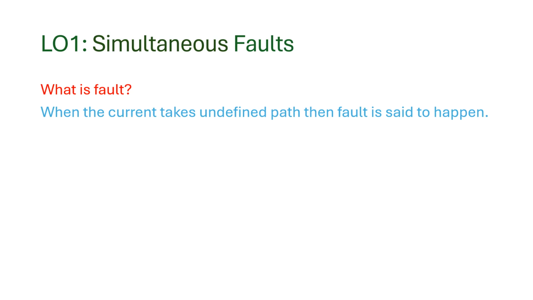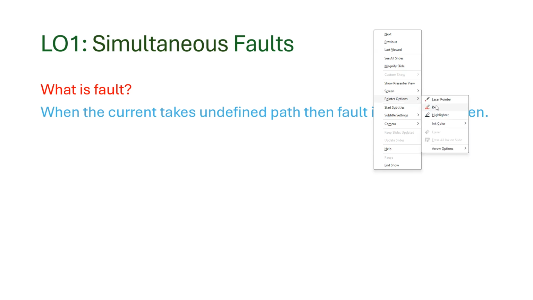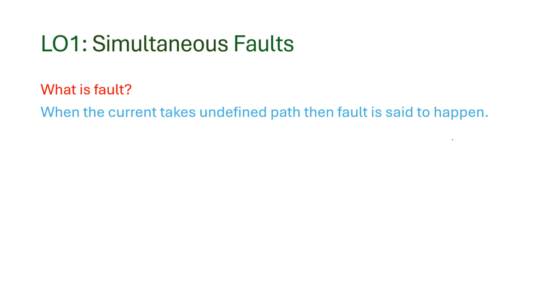For example, suppose if I have a transmission line, and I have shown all the three lines over here, A, B, C. You can say R, Y, B also.